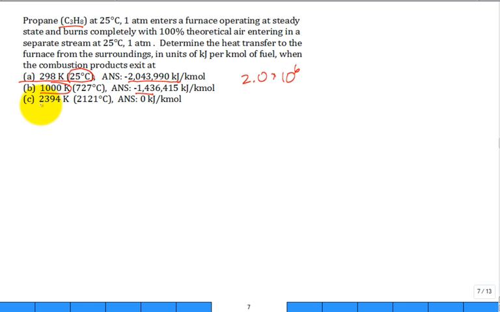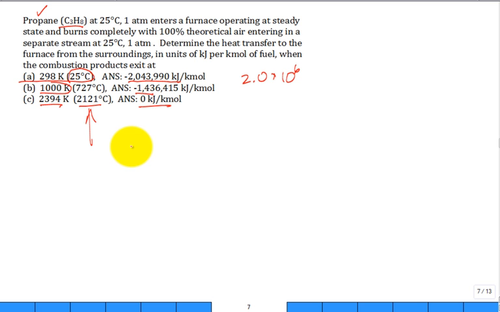If you let them go out 2,394 Kelvin, using all of the tools and calculations and techniques in the chapter, in the appendix for the data, or 21 degrees C, it'll be 0. Guess what is the adiabatic flame temperature for propane? That's the adiabatic flame temperature for propane.